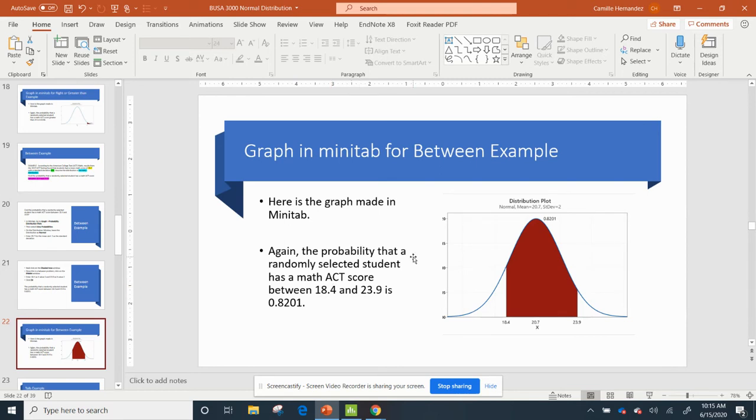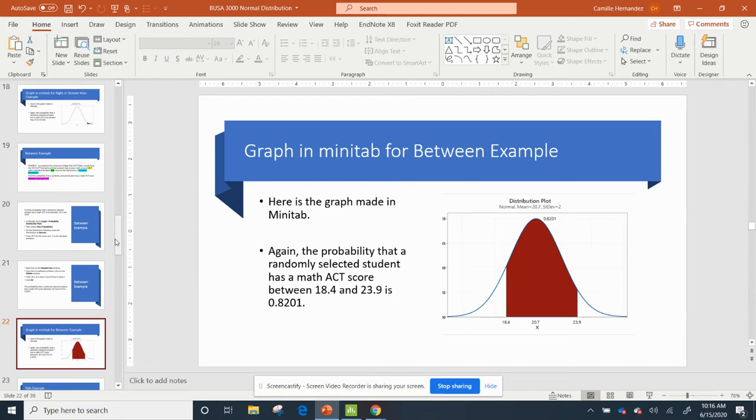The probability that a randomly selected student has a math ACT score between 18.4 and 23.9 is 0.8201. If I said what's the percentage, I would convert 0.8201 to a percentage and it would be 82.01. So that's how you do the between.